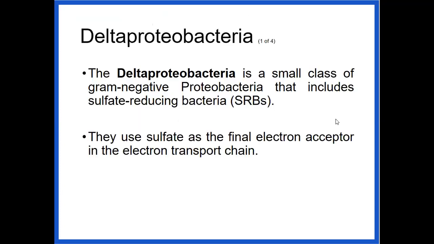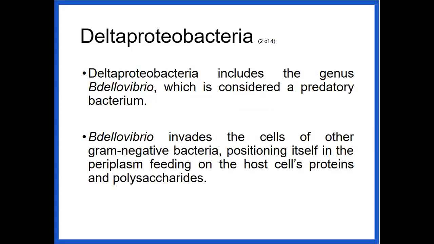Okay, Delta Proteobacteria. So this is a small class of gram-negative Proteobacteria. So you have sulfate-reducing bacteria or SRB. So they use sulfate as the final electron acceptor in the electron transport chain. So gumagamit ng sulfate.